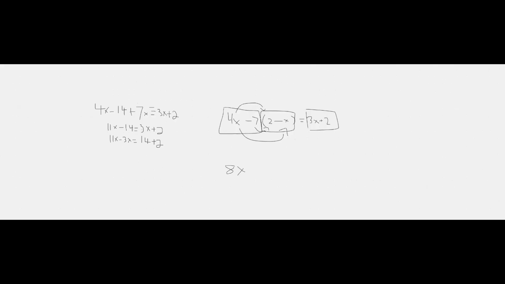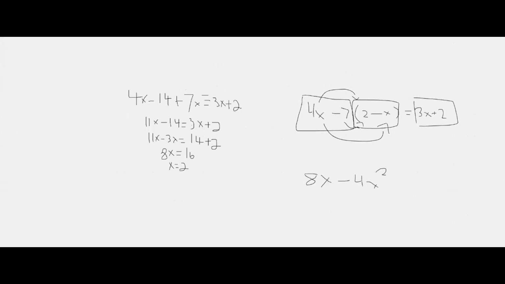And then 4x times negative x, which is negative 4x squared. Oh yeah. Wait, guys, stop. This question has a square in it. I'm not sure if you guys have learned any quadratics yet, which I'm pretty sure you haven't.